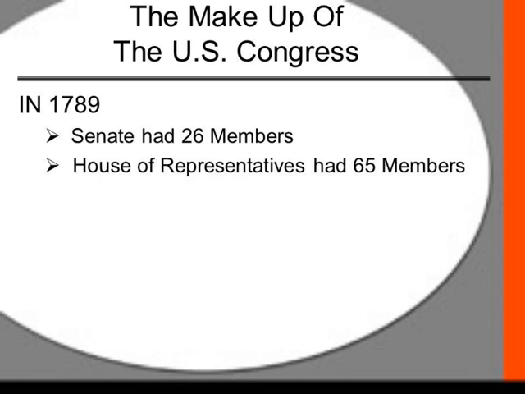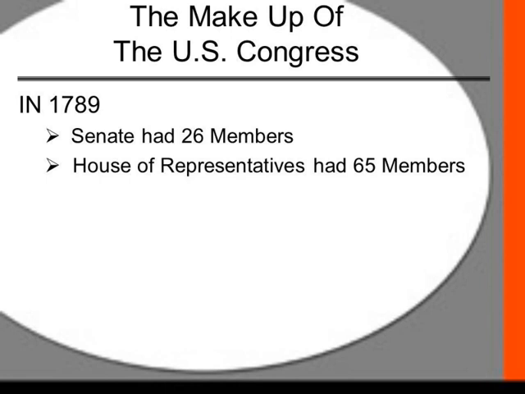But when we look at the size of the House of Representatives in 1789, it's a little bit harder to figure out without knowing exactly what the Constitution said about representation in the House of Representatives.